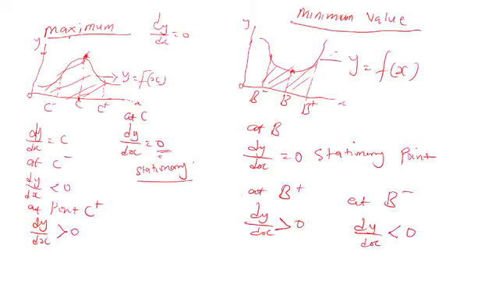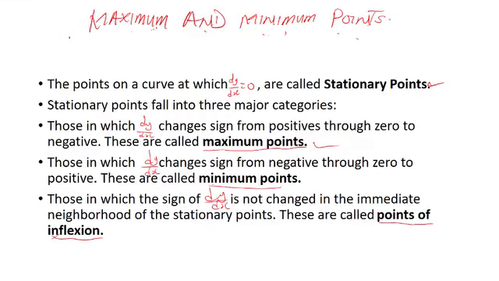So finally, let's talk about the stationary point. When we talk about the stationary point, we use two different graphs to explain it. We stated in our previous lesson that those in which the sign of y does not change in the immediate neighborhood of the stationary point is called the point of inflection.